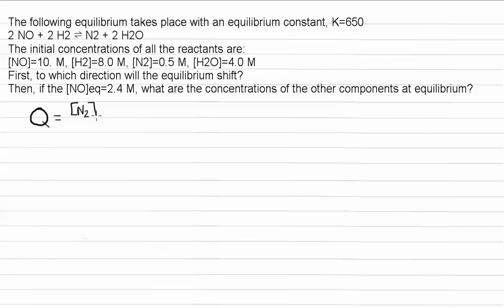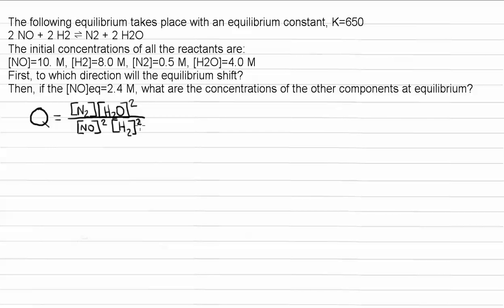So nitrogen has no coefficient, and so it's assumed to have a coefficient of 1, so it's nitrogen to the first power times the concentration of water squared, because the coefficient is 2, divided by the reactants, concentration of NO squared times concentration of hydrogen squared.